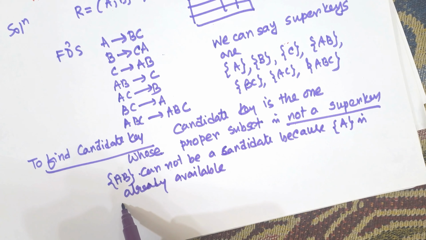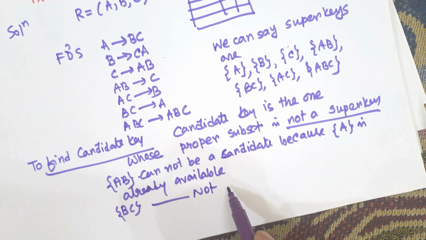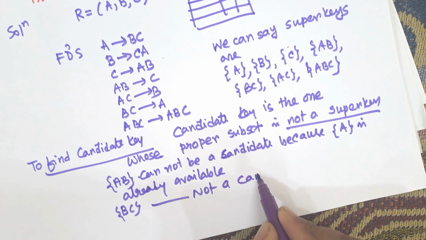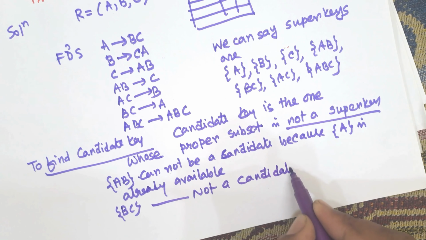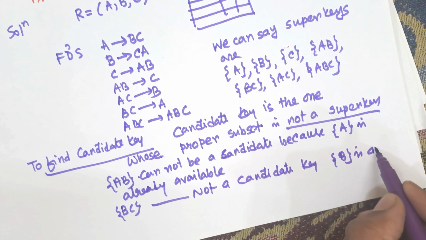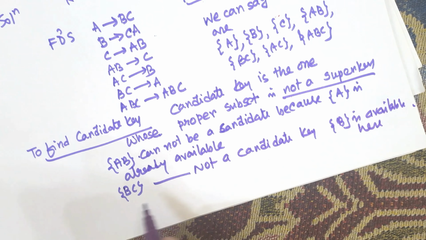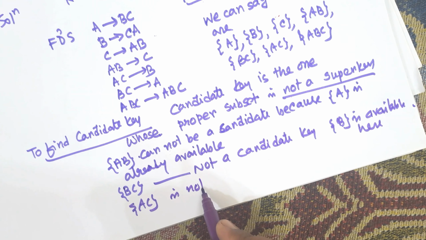Similarly, BC cannot be a candidate key. It is not a candidate key because B independently exists here. B is available here. Similarly, AC is not a candidate key.